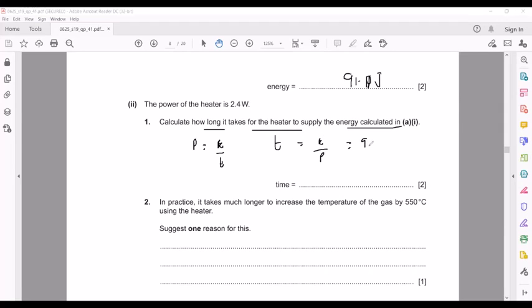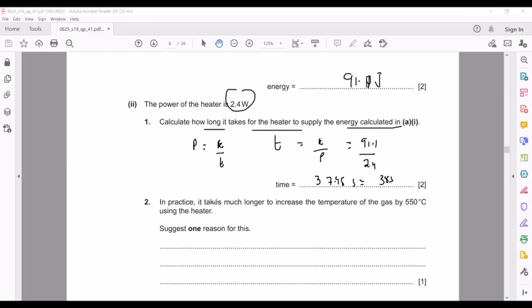Energy is 91.1 and the power is 2.4. So 91.08, or 91.1, divided by 2.4 watts is equal to 37.95 seconds, which is approximately 38 seconds.